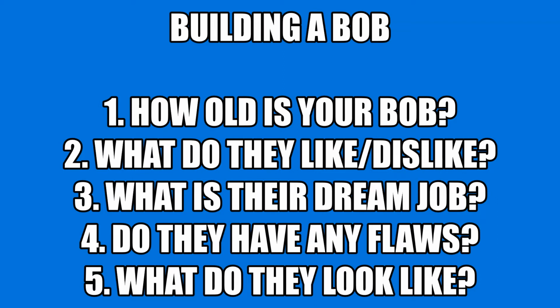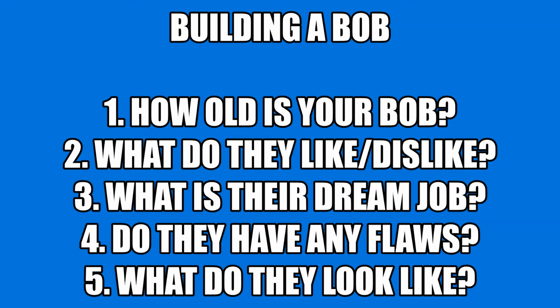Number 3. What is your Bob's dream job? Number 4. Does your Bob have any flaws? Are they clumsy or quick to anger? Do they not know their own strength? Or are they shy? This could be any matter of things. And number 5. What does your Bob look like?